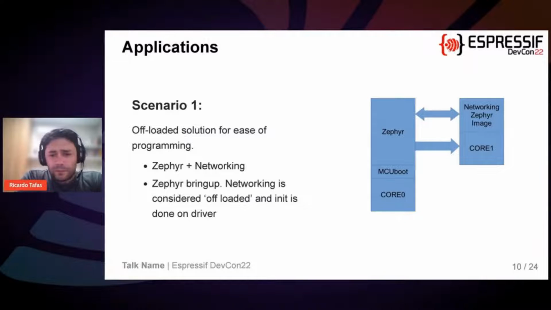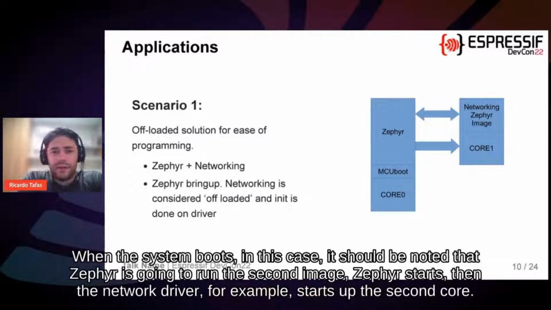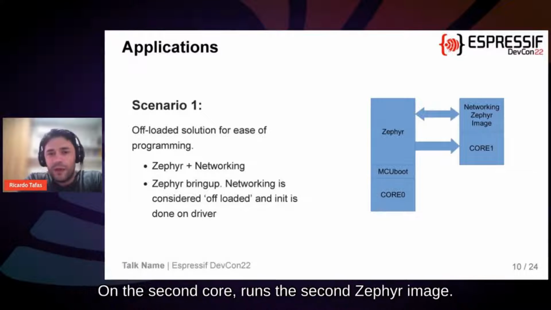So when the system boots, in this case, it should be noted that Zephyr is going to run the second image. So Zephyr starts, then the network driver, for example, starts up the second core. On the second core runs a second Zephyr image.